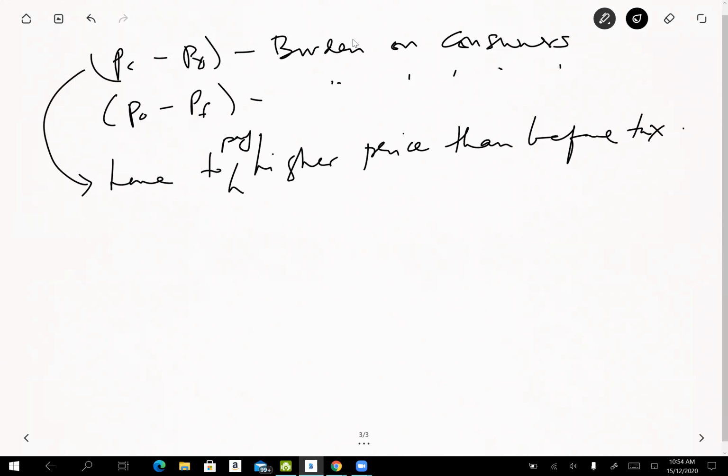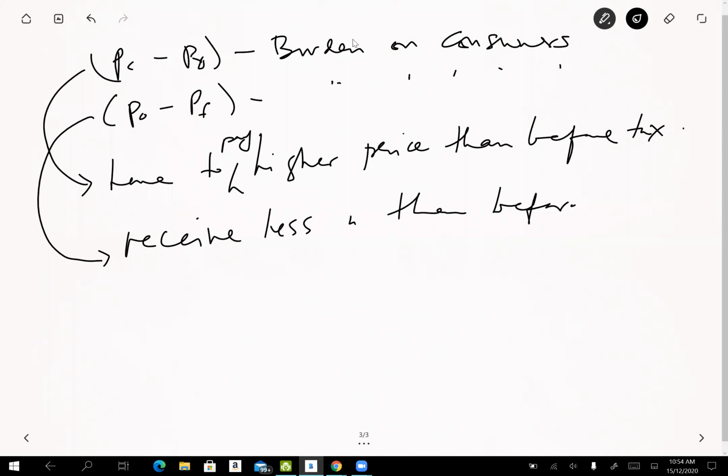Okay, now what about the burden of the firms? The firm will receive what? Will receive a lower price, okay, than before the tax. If you look at before the tax, consumers pay P0. The firm will get P0.